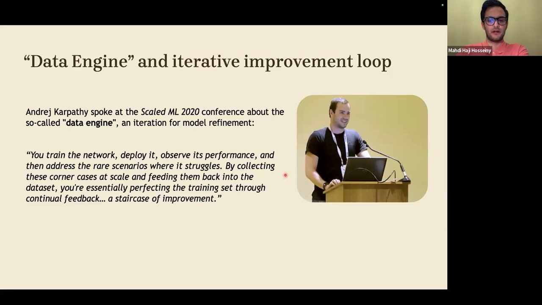He was the director of Autopilot vision at Tesla, and he introduced a new term, the so-called data engine, which shows you will train a model and deploy it on the cars, and then you will address the rare scenarios where it struggles, which are unexpected issues on the cars. By collecting these corner cases at scale and feeding them back to the dataset, you can address these issues on the cars.